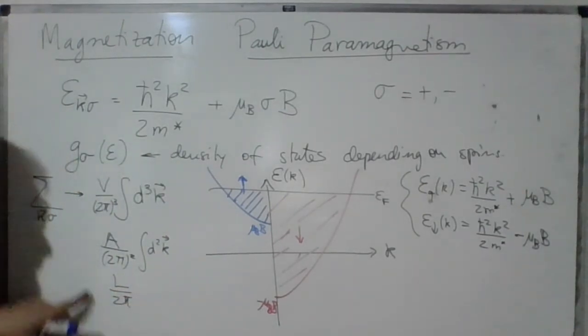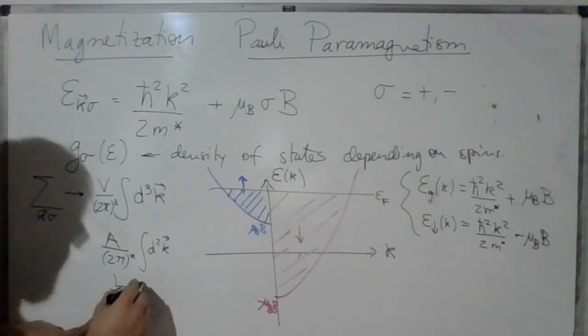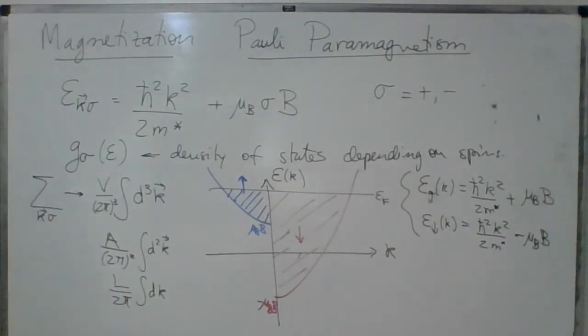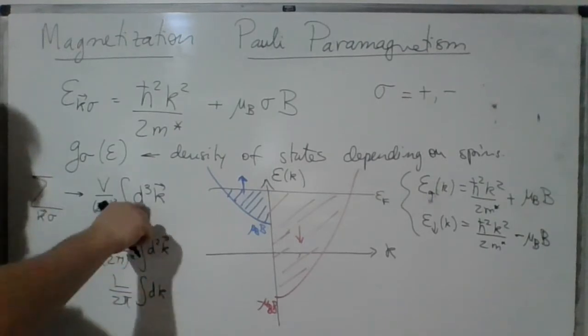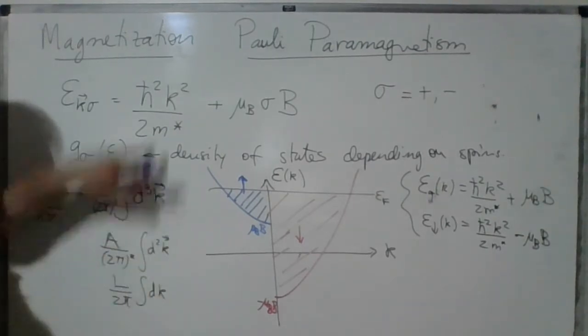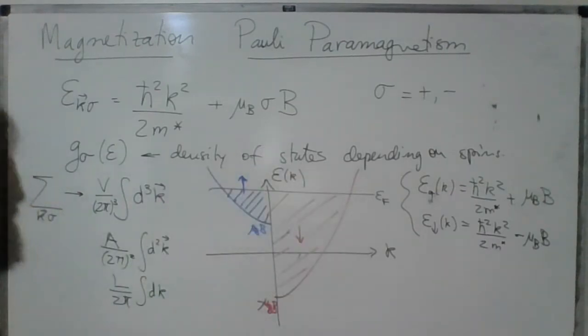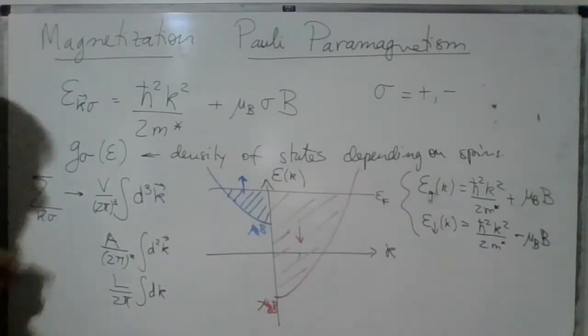And for 1 dimension, it's L over 2 pi, integral over dk. From this, you calculate the densities of states, okay? Because now you want to convert the integrals over k into integrals over the energy possibilities, all right?